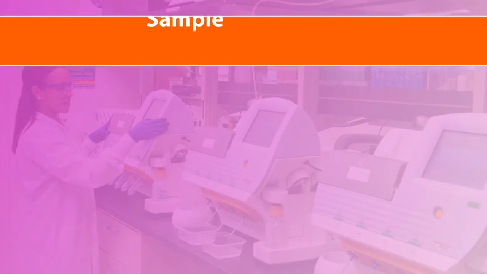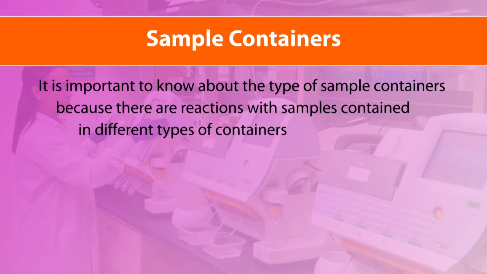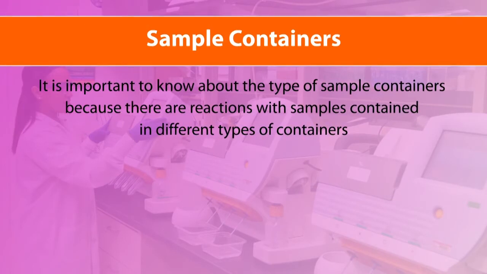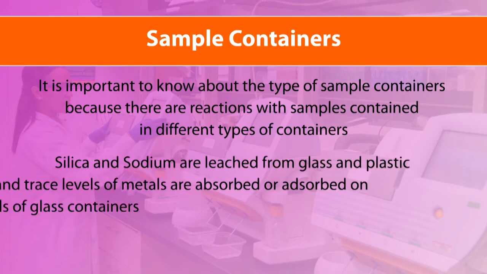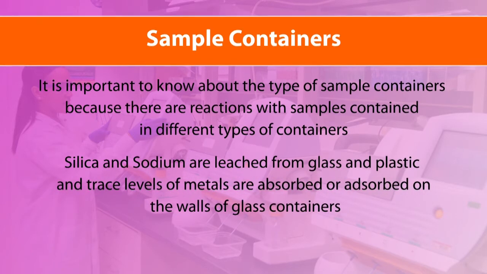Sample containers. It is important to know about the type of sample containers because there are reactions with samples contained in different type of containers. Silica and sodium are released from glass and plastic, and trace levels of metals are absorbed or adsorbed on the walls of the glass containers.